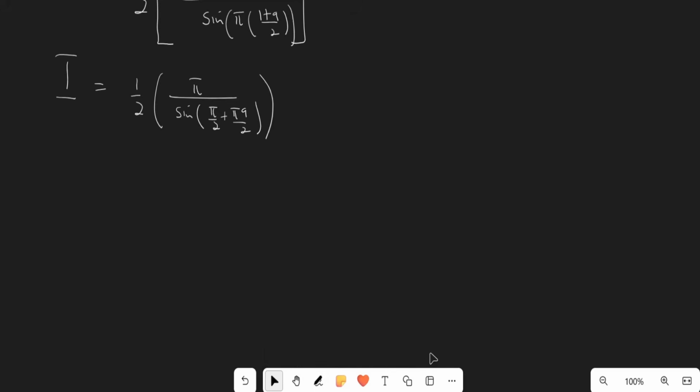If we have the sine of pi over 2 plus pi a over 2, this is the same as sine of pi over 2 cosine of pi a over 2 plus sine of pi a over 2 cosine of pi over 2.